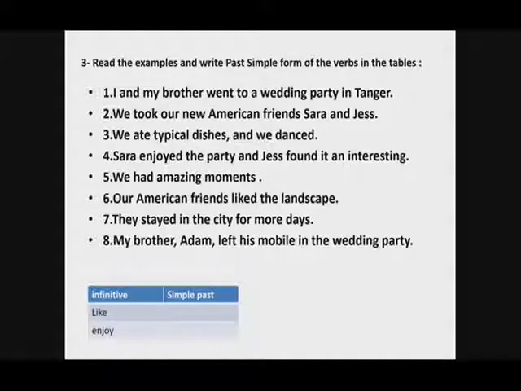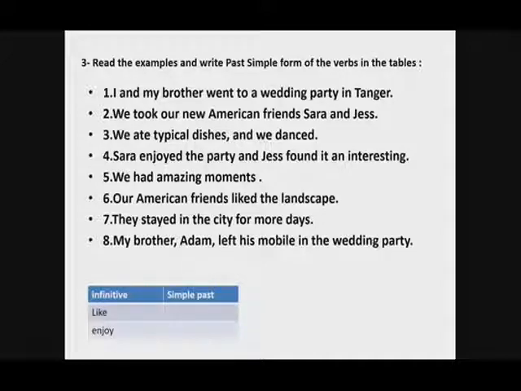Number 5, we had amazing moments. 6, our American friends liked the landscape. 7, they stayed in the city for more days. 8, my brother Adam left his mobile phone in the wedding party.